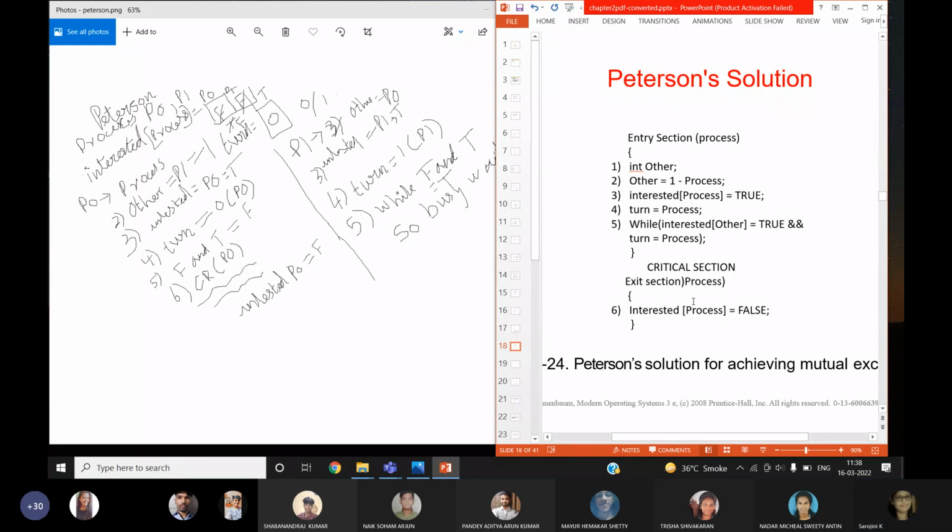But what is the advantage of the Peterson solution over strict alternation? Here, there is no separate variable denoting the process ID, so there is no need for a change in the algorithm. There is a single algorithm which should be executed by all the processes that want to use the critical section.